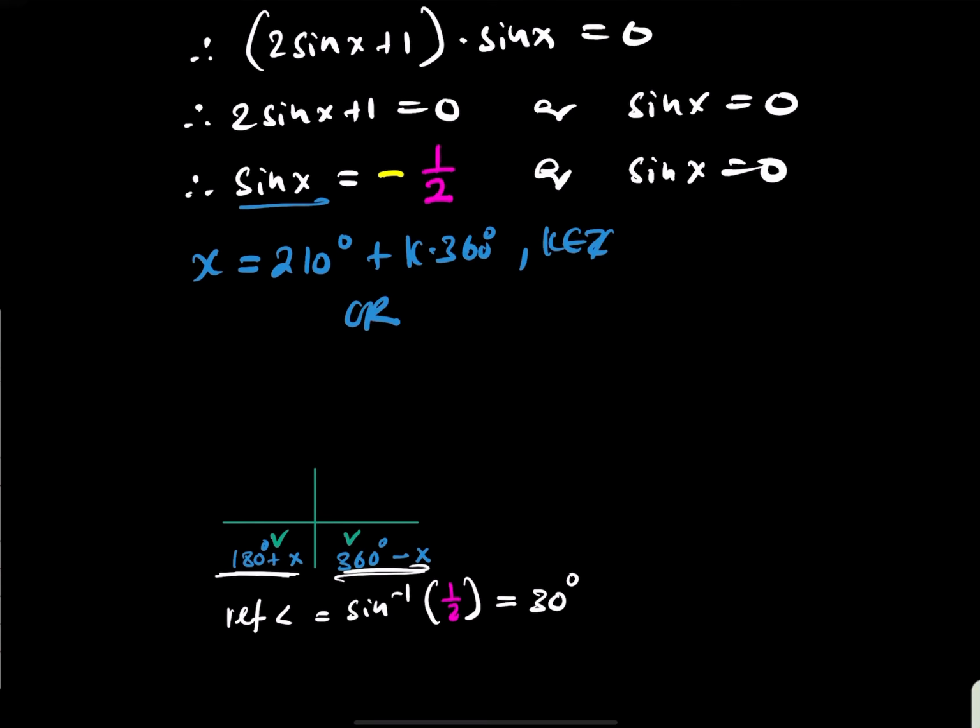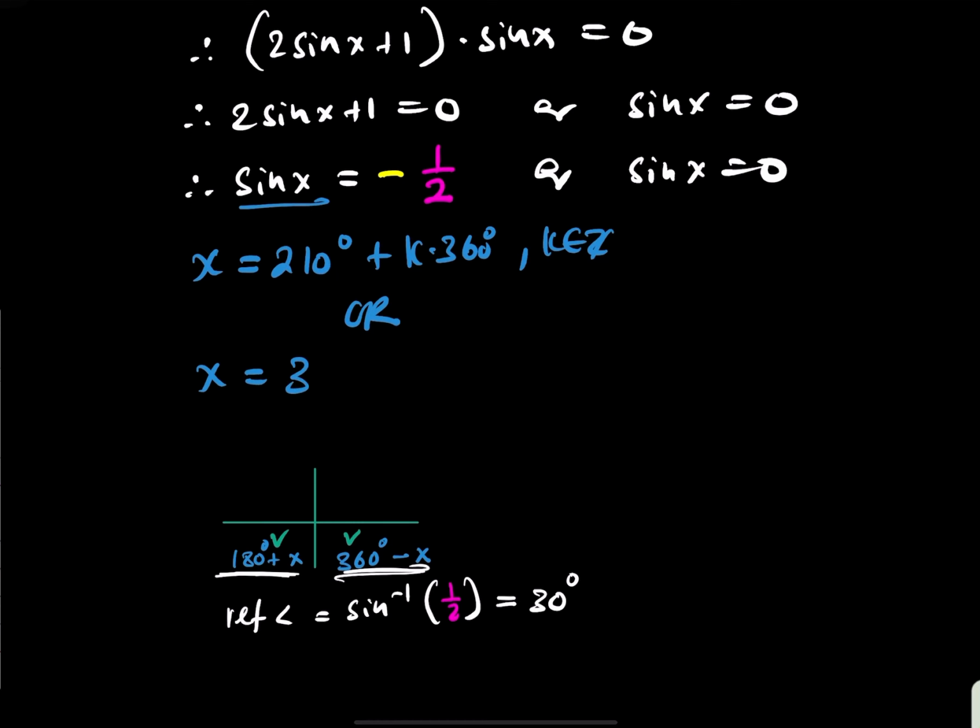Now you write, or the other one is 360 minus. So you're going to write x is equal to 360 degrees minus the reference angle, and that is 30 degrees. All right. So if you type that in your Casio, it's going to give you something there. Please make sure that you use a calculator to get answers there, and then you get 330.